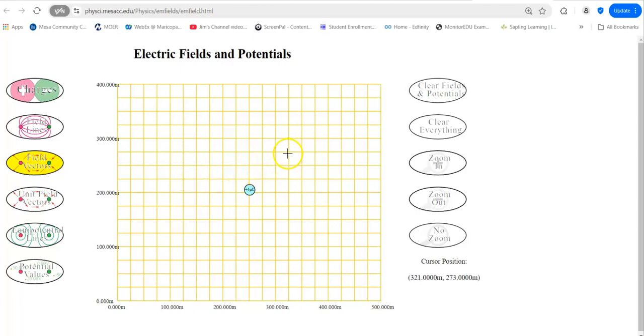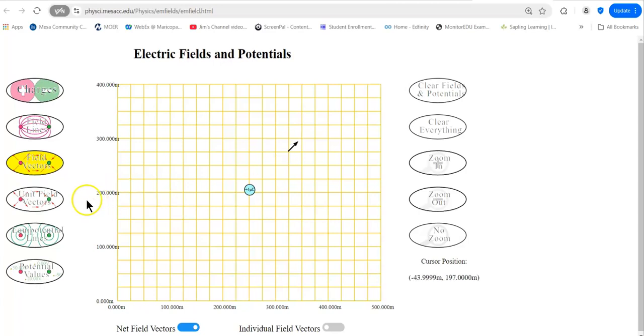Okay, and I'm just going to go ahead and put it right here. And notice when I clicked on it, a little vector popped into existence, right? So this is a +4 microcoulomb charge, and micro meaning times 10 to the -6 coulomb charge, and that is the electric field at that point.